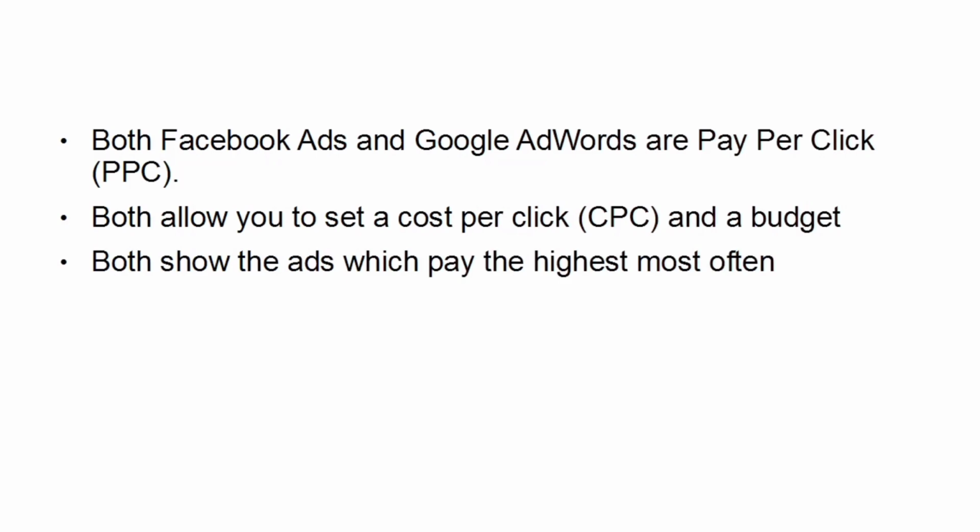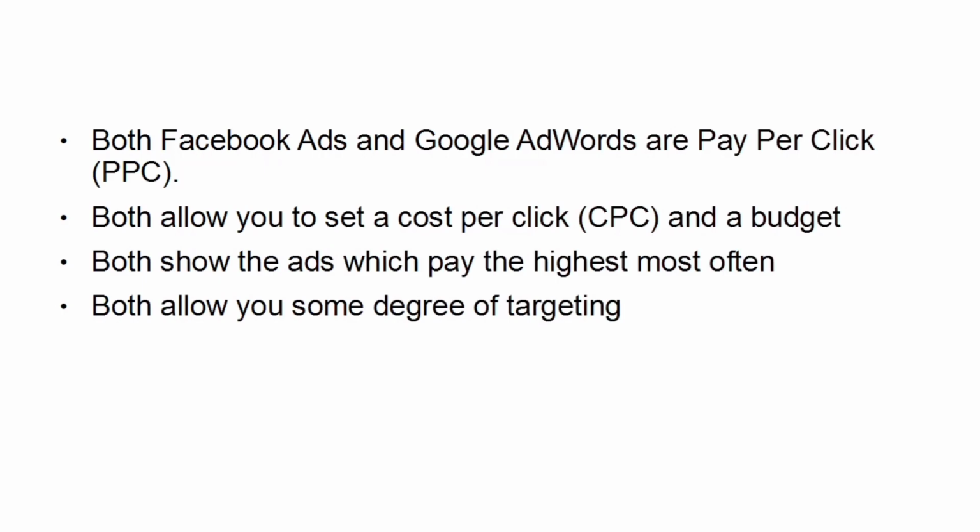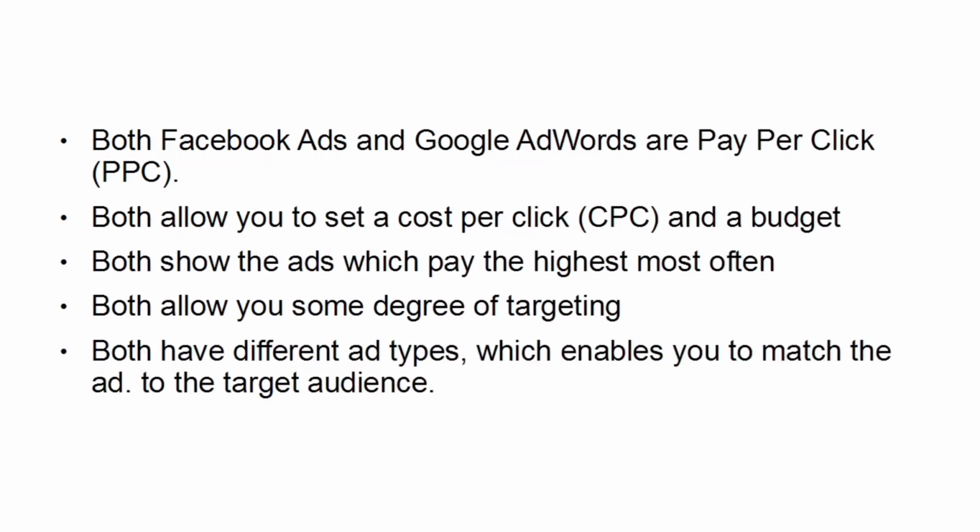Both will show ads which pay the highest most often. Both allow you some degree of targeting, and both have different ad types which enables you to match the ad to the target audience. But that's about where the similarity ends. So let's take a look at some of the key differences between advertising on Google AdWords and advertising on Facebook ads.